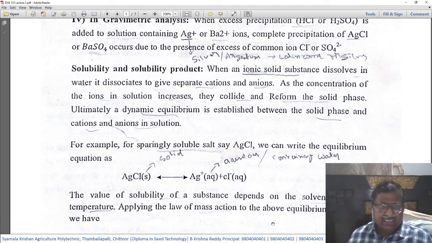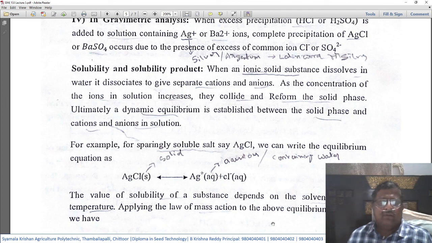As the concentration of the ions in the solution increases, they collide and reform the solid phase. Ultimately, a dynamic equilibrium is established between the solid phase and the cations and anions in the solution.